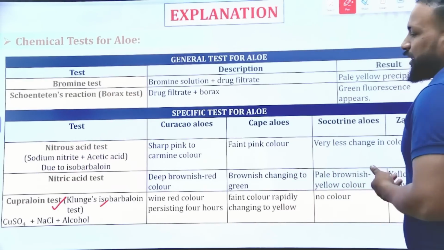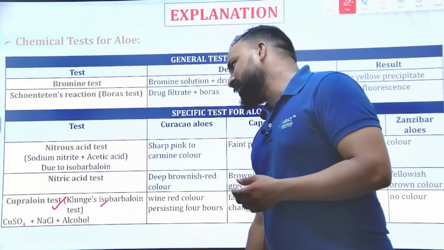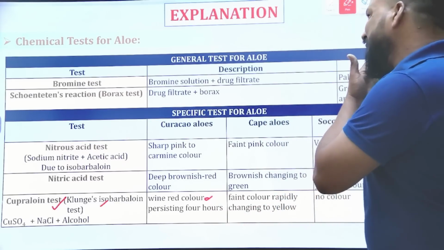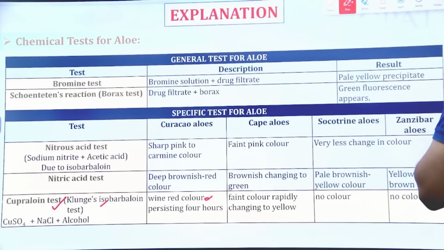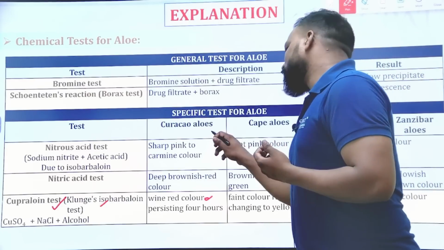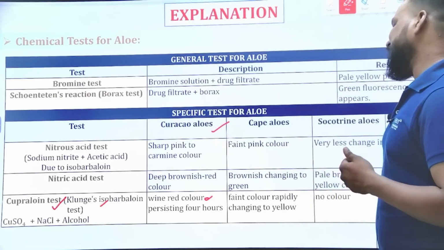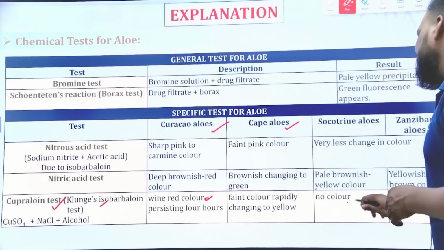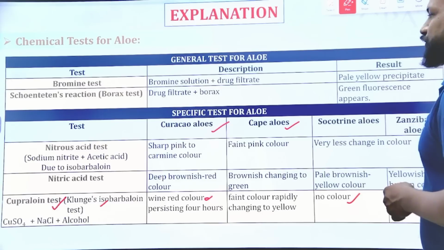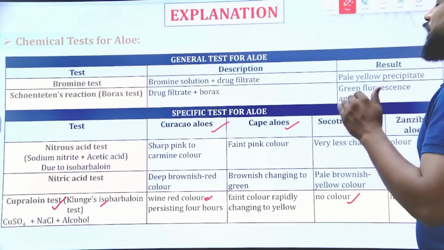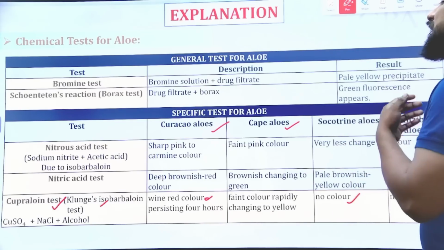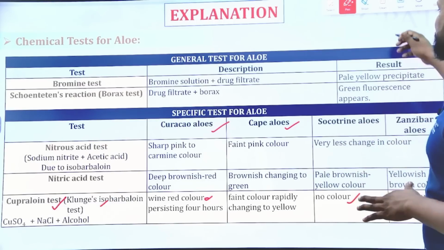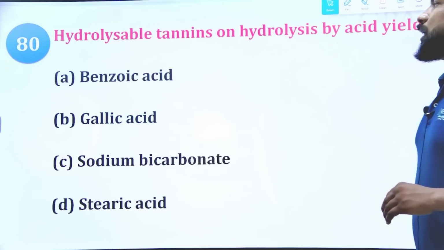In this, copper sulfate plus sodium chloride plus alcohol will give a wine red color with Curaçao aloe, and a faint color rapidly changing to yellow with Cape aloe, while Socotrine aloe and Zanzibar aloe produce no color. So this test is mainly to confirm the isobarbaloin status.